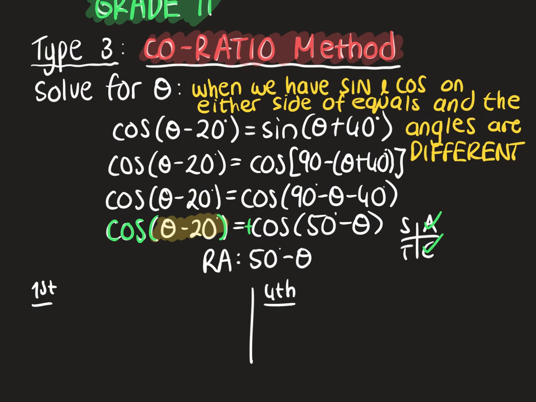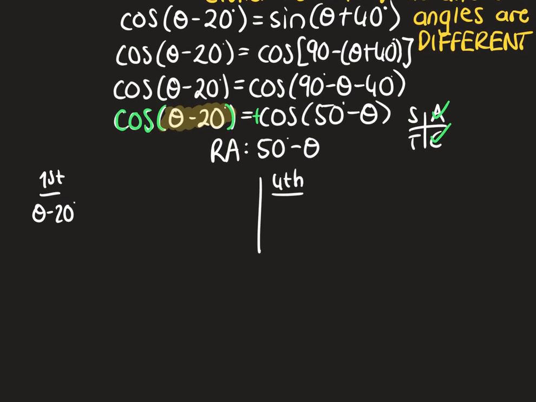So the first quadrant is going to be the theta minus 20. That's the angle we're solving for, guys, the left-hand side cos's angle. And we're going to say equals, first quadrant is known as the theta quadrant, so we can just put our reference angle there, plus K360, K is an element of integers.